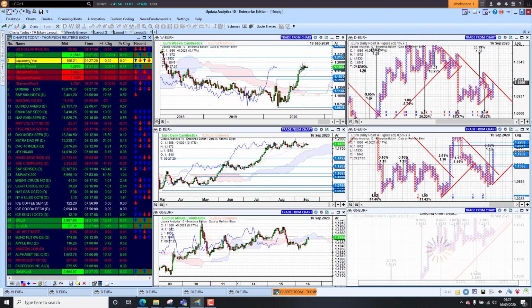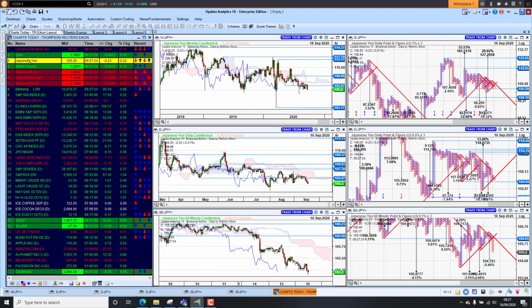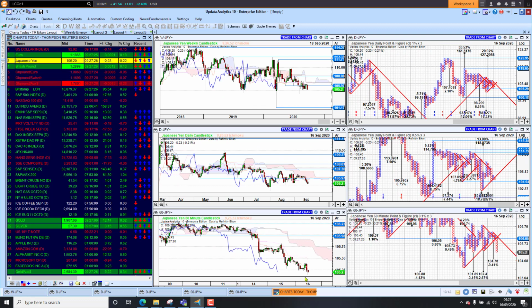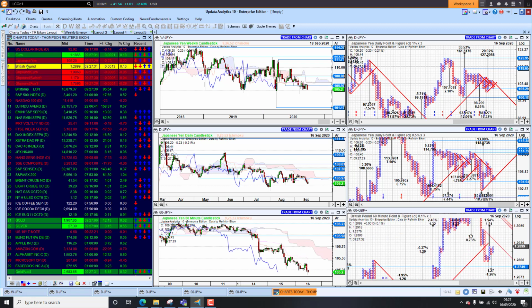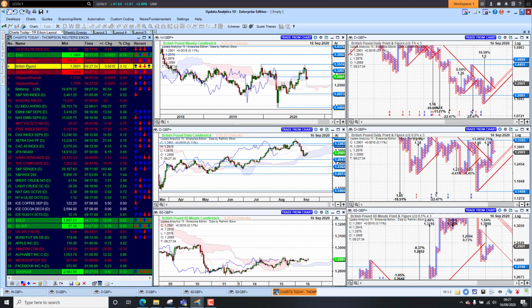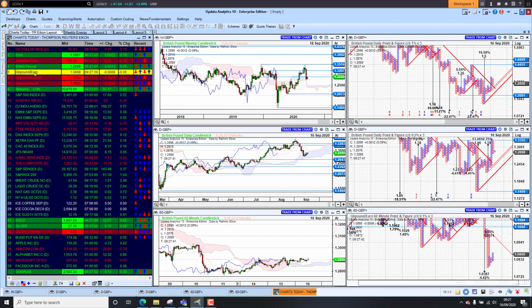The Japanese yen, we're sitting at 105 against the dollar, so dollar weaker, yen stronger, so that's also bearish for the dollar. Sterling is nudging the 129 level and just starting to look a little bit better against the US dollar. Taking a look at sterling against the euro, we're sitting at 108.